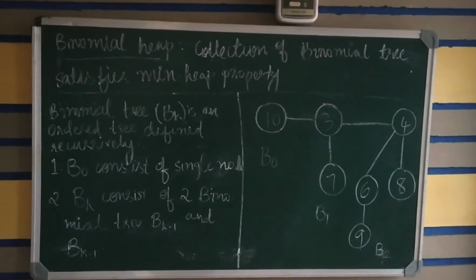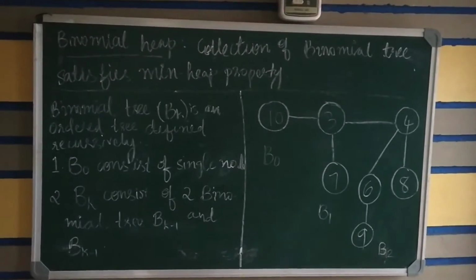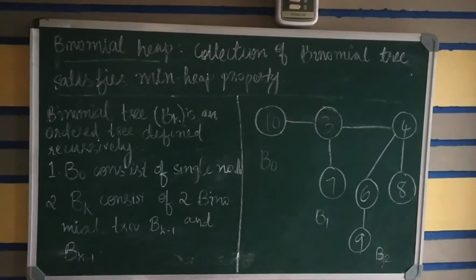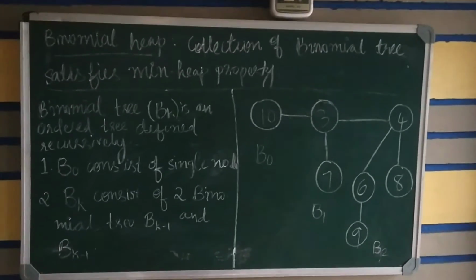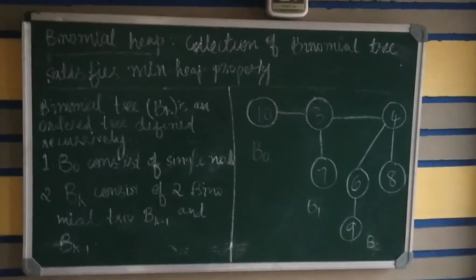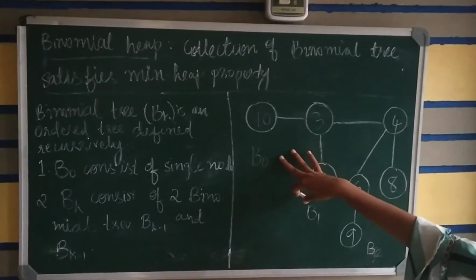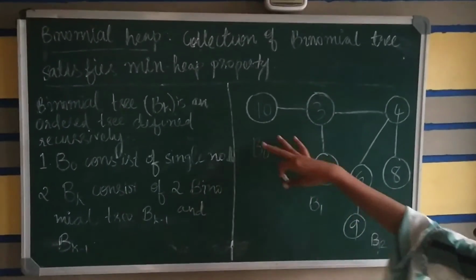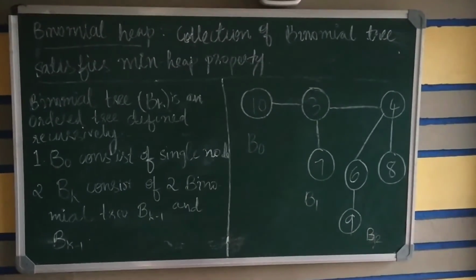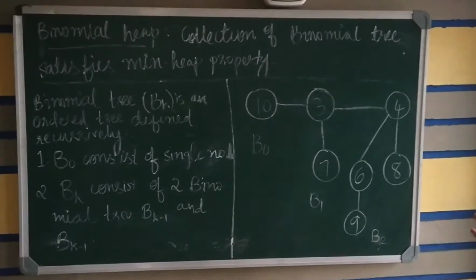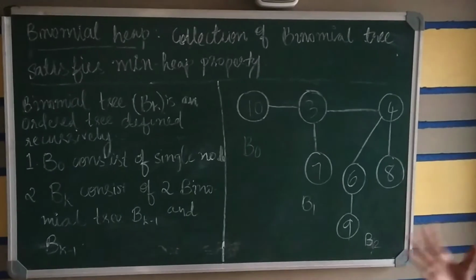There are some specialities of a binomial heap. One is that it should always contain a min heap only. The other is that it should be in an ordered way. Here, B0, B1, B2. It is a collection of binomial trees. It should not be in an order like B0, B2, B1.